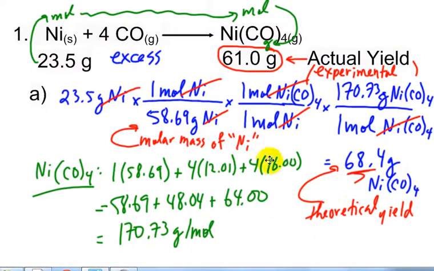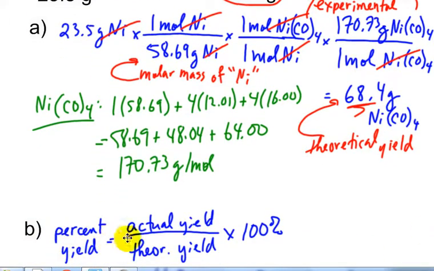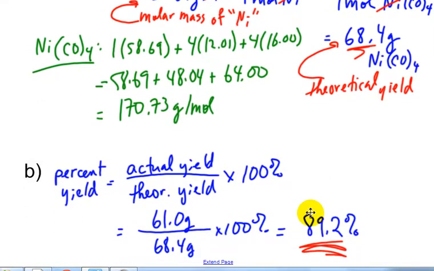So you can see we got a little bit less than what we theoretically could have. So B, figuring out the percentage yield: actual yield divided by theoretical yield times 100. So 61.0 divided by 68.4 times 100 works out to be 89.2%, which is fairly high.